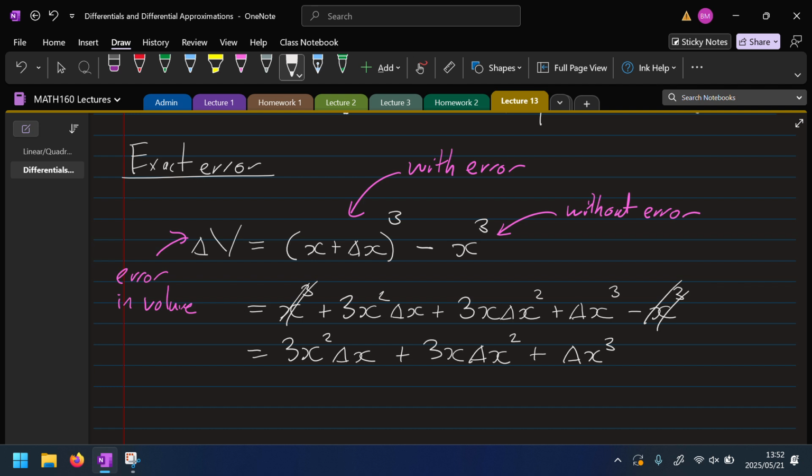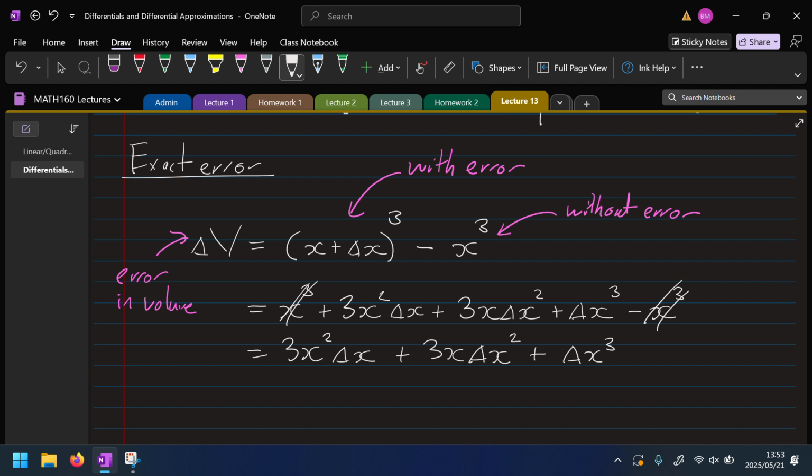Now remember, these errors are always taken to be small. They're very small numbers. If I take a small number and I square it, it becomes even smaller. Like 1 over 10 is small. 1 over 10 squared is 1 over 100. That's even smaller. If I cube it, it becomes even smaller than that. 1 over 10 cubed is 1 over 1,000.